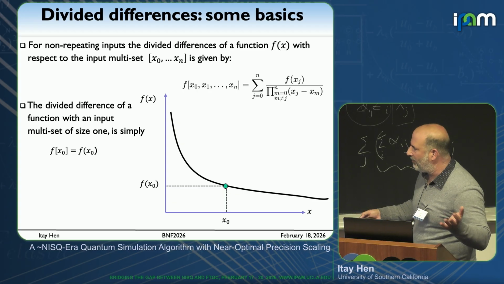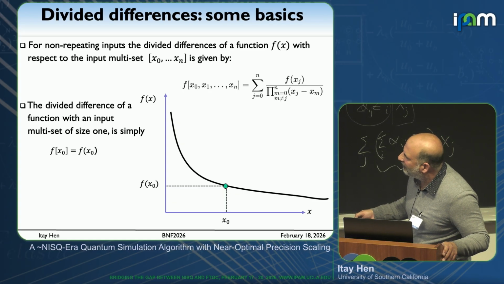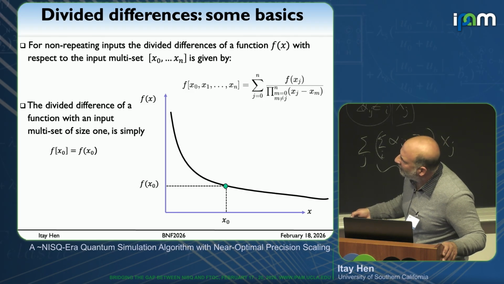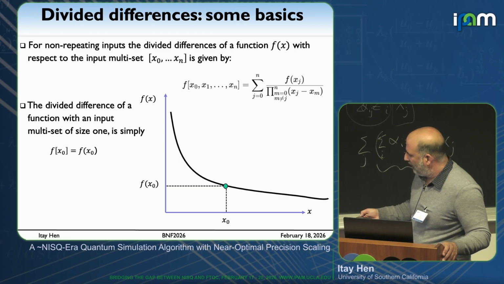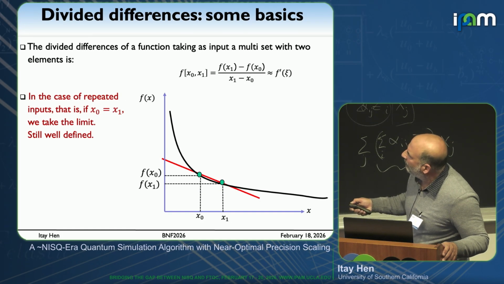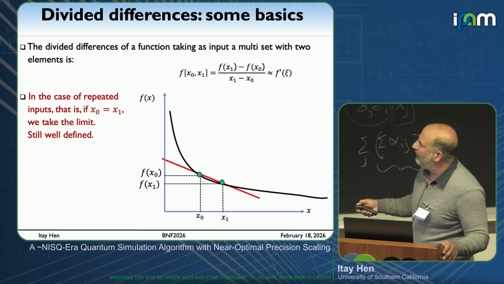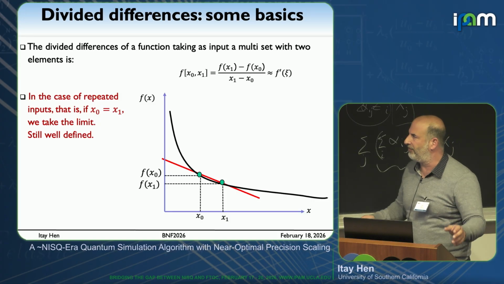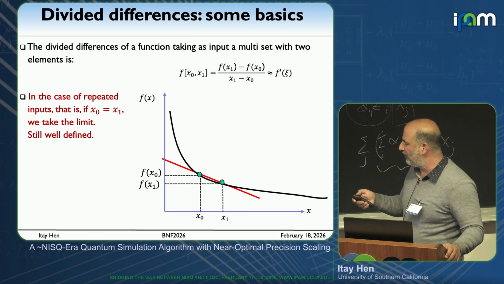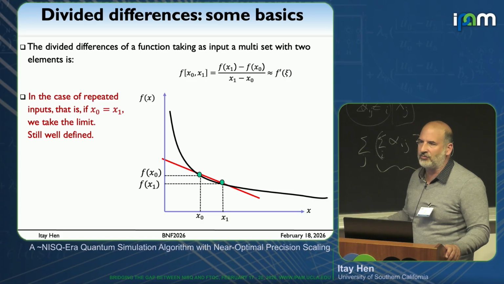Maybe it will be easier to explain what it means. For example, if it is a single input, then it's just the value of the function at the input. If we have two inputs, it's just f of x1 minus f of x0 divided by x1 minus x0. So you can think of it as a numerical derivative of sorts, okay? It's kind of a derivative at a point somewhere between x0 and x1.